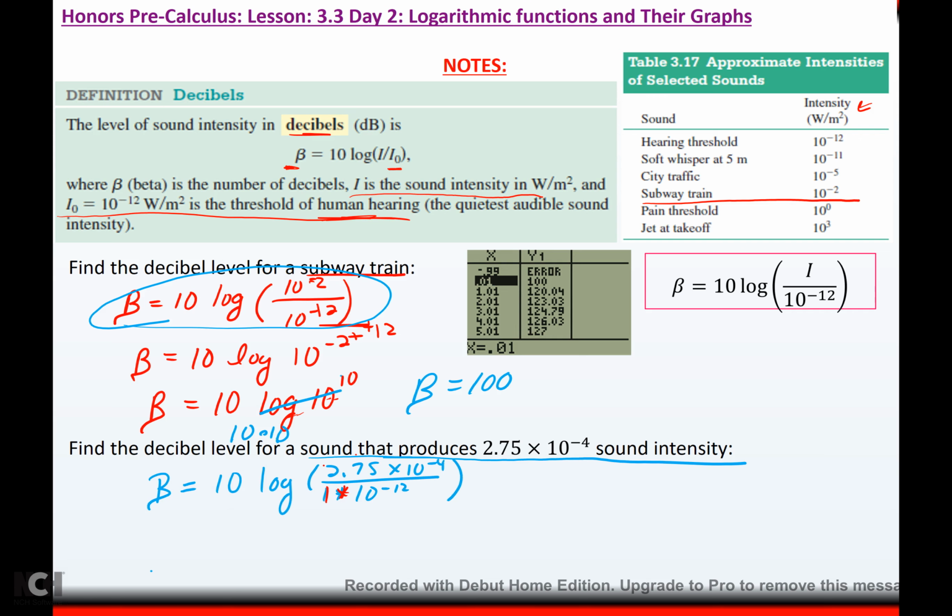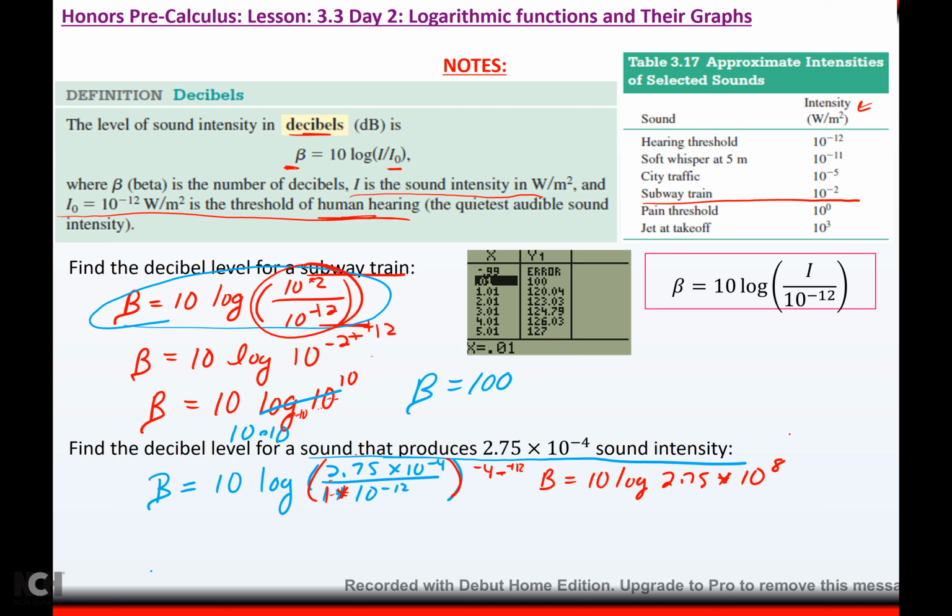So if I divide this out, my decibels are 10 times the log of 2.75 divided by 1 is 2.75 times 10 to the negative 4 minus a negative 12, which is going to be 8. Now, this one we can't do like we did the last one. We could divide that out and get 10 to something, which is why those canceled. I can't do that here. We've got 2.75 times 10 to the 8th.